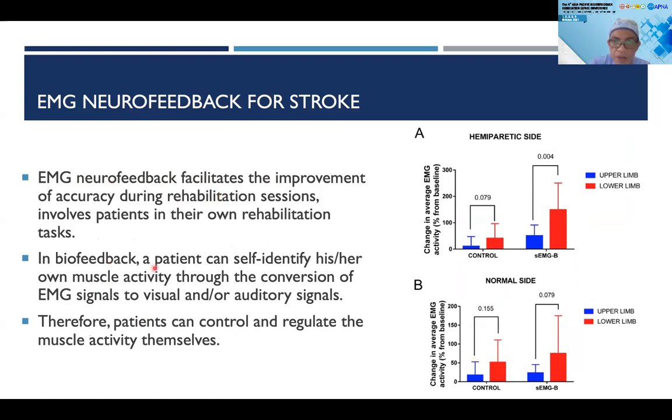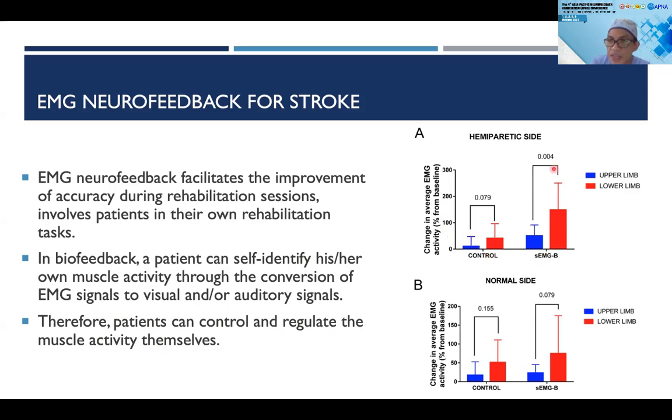In biofeedback, a patient can self-identify his or her muscle activity through the conversion of the EMG signal to a visual or auditory signal. And then the patient can control and regulate the muscle activity themselves. So this is also evidence of the benefit of surface EMG biofeedback compared with the control.